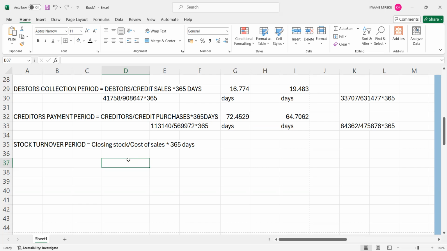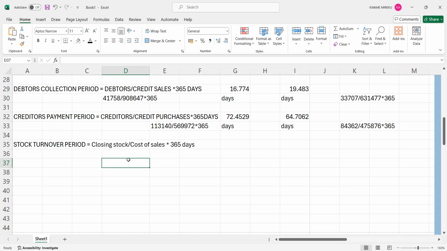But when you get to 2022, we have the closing stock. There is no information in 2021 that can help us to know the opening stock for 2022. So if you use average stock for 2023 and you use only closing stock for 2022, I think formula-wise, it doesn't really add up because the basis should be the same.